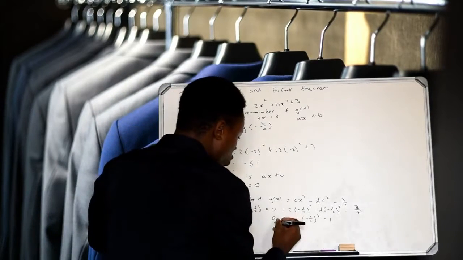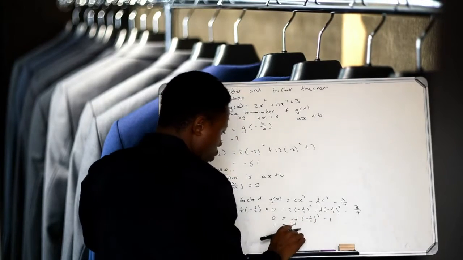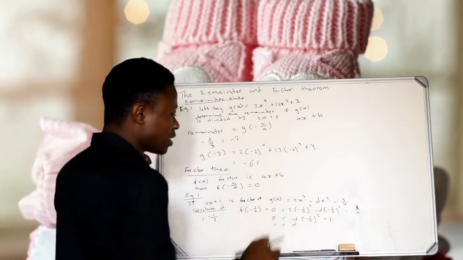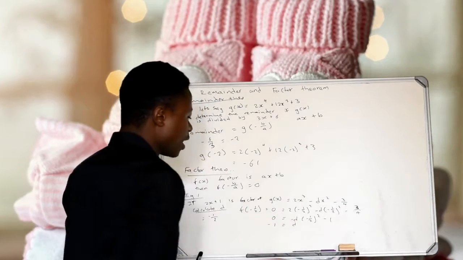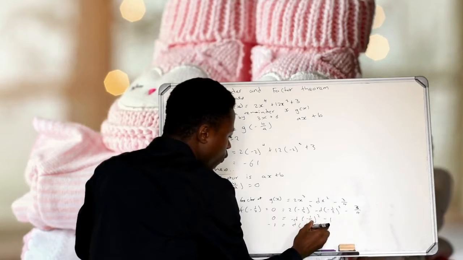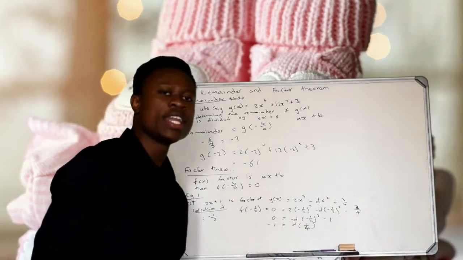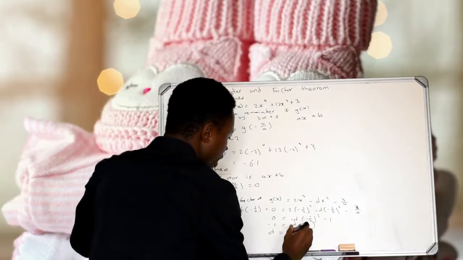So I take it onto the other side: 1 is equal to negative d times 1 over 4. If I take this onto the other side, it becomes positive. Focus. But if I divide by the negative from the d, it becomes negative 1 on this side, and then I have d times 1/4. Why is it 1/4? Because if you square negative half, it gives me 1/4. So therefore d is equal to negative 4.